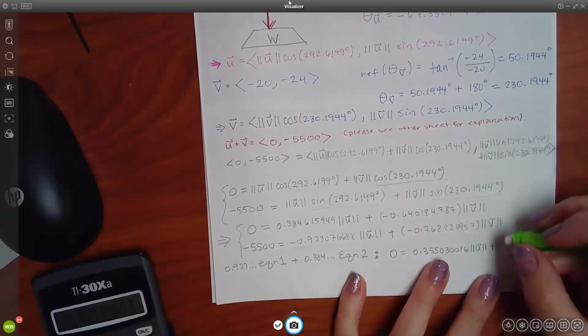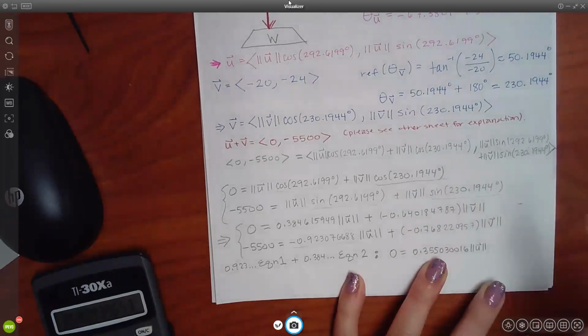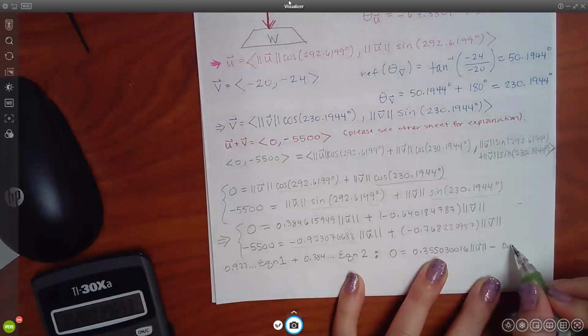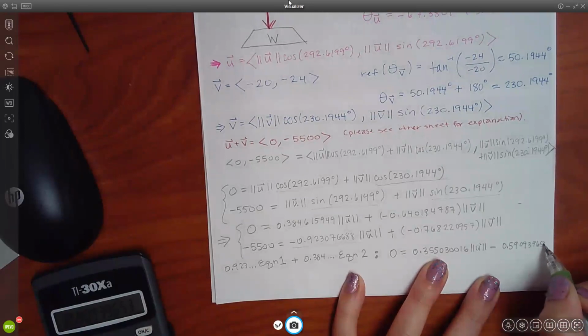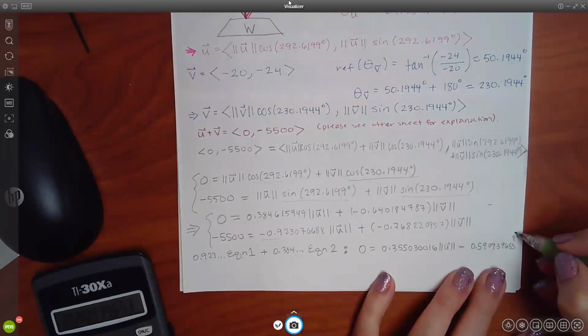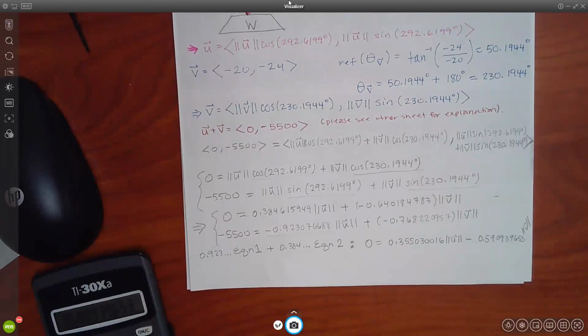I get a negative 0.59. But it's still multiplied by the magnitude of V. I just can't squeeze it in there.